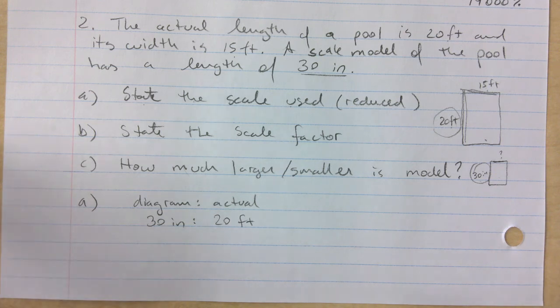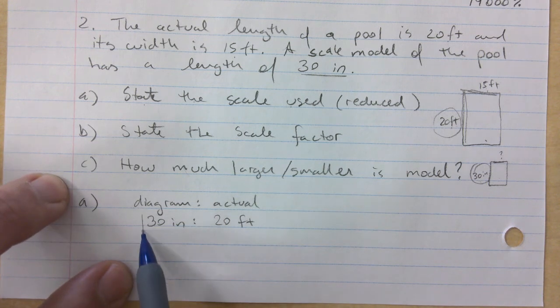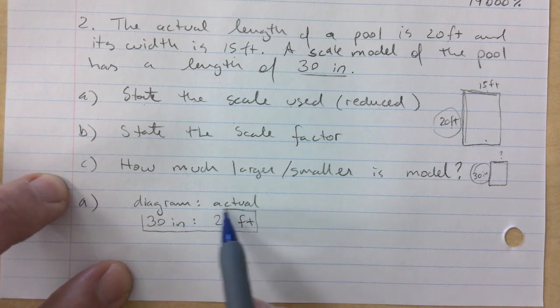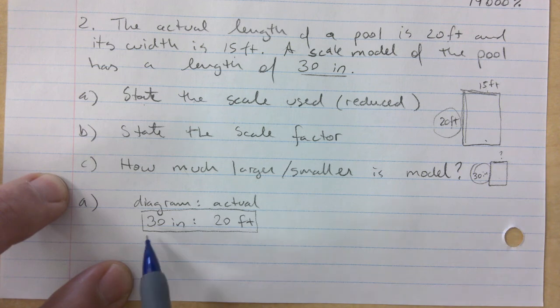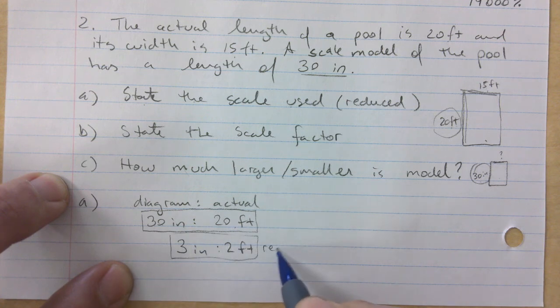And they want it reduced, right? So for our purposes, we're just going to keep that like that. Obviously, you could divide them both by 10, right? And it's 3 inches to 2 feet like that. That would be the reduced version, and it's fairly easy to do, right?